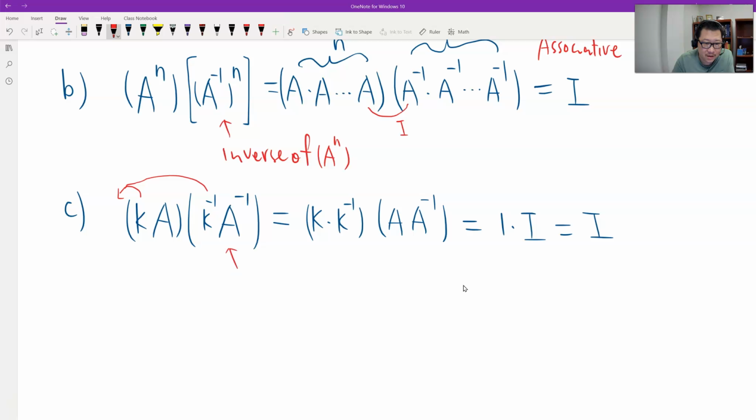Therefore this matrix is the inverse of k times A. That's the proof of the property.